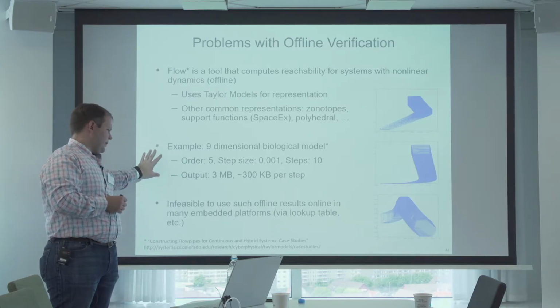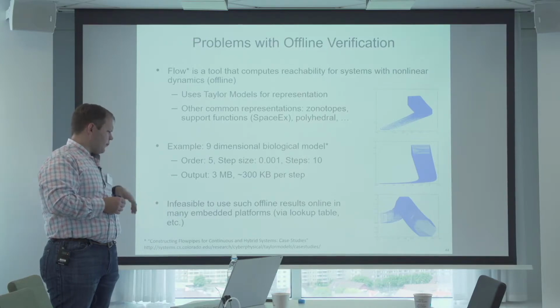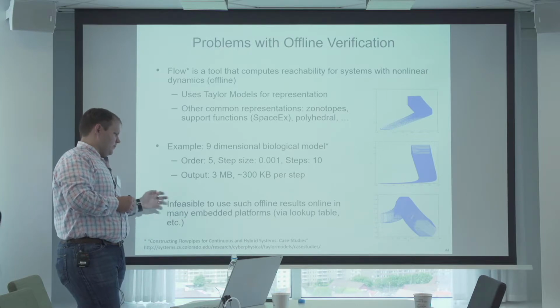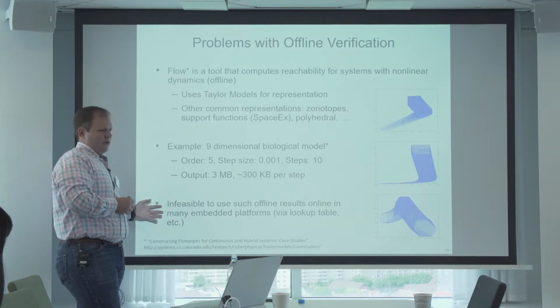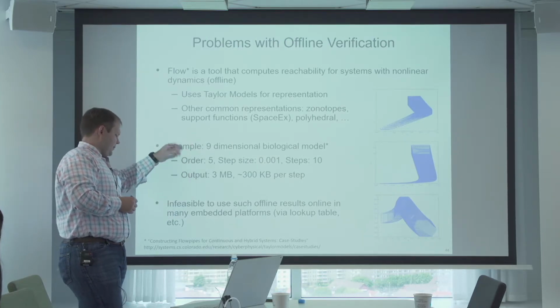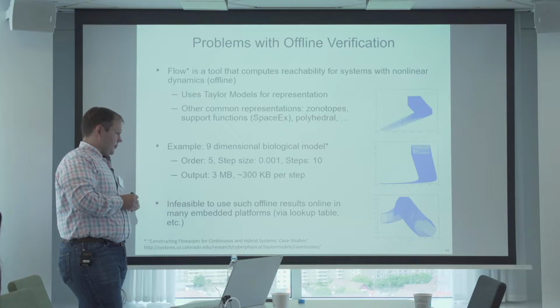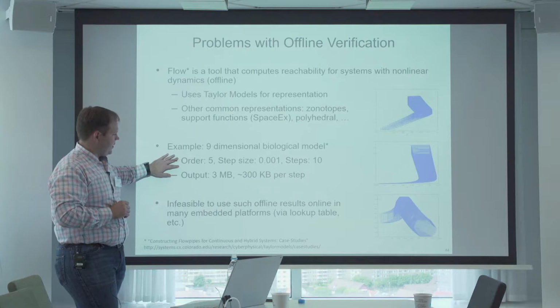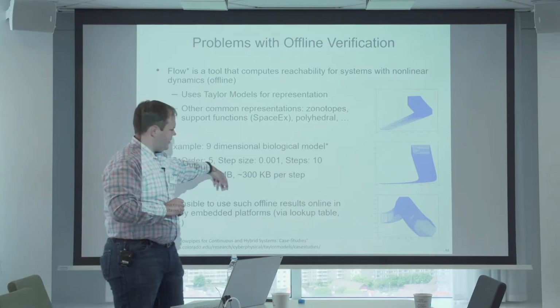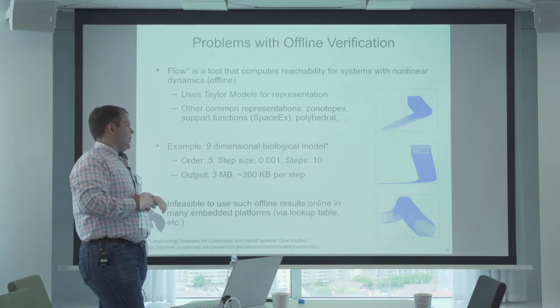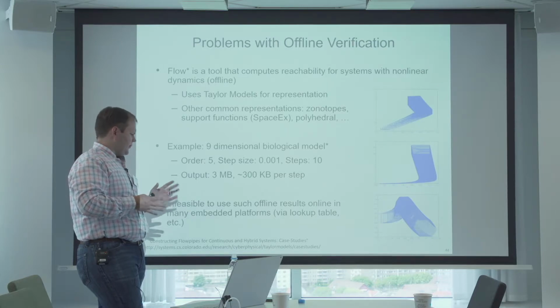The problem with this is that the representations of the sets of reachable states, again, may result in being infeasible to put onto an embedded platform. Even for an example that's a 9-dimensional biological model with nonlinear dynamics, if we're only looking 10 steps into the future with a variety of parameters, the reach set that we're getting out for that short time horizon is already 3 megabytes.